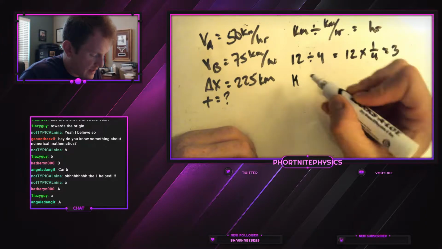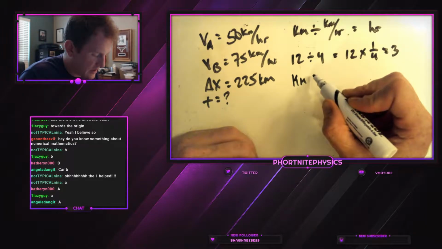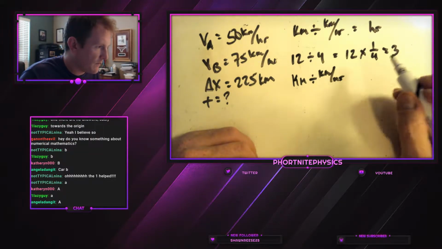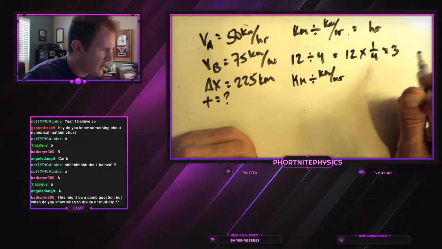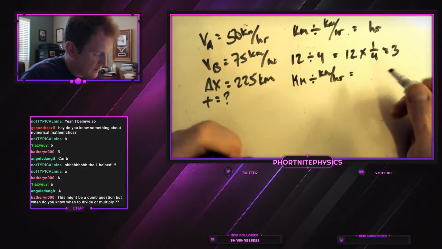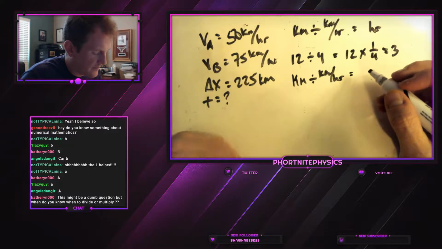So our kilometers divided by kilometers per hour. Okay, it's not a dumb question. Stop saying stuff like that. And I'll get to it in just a second.